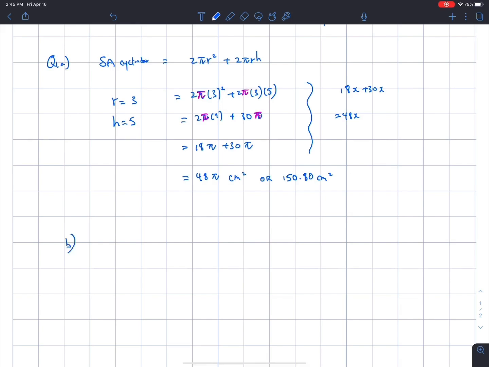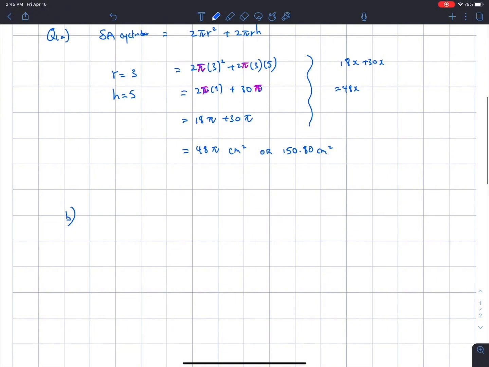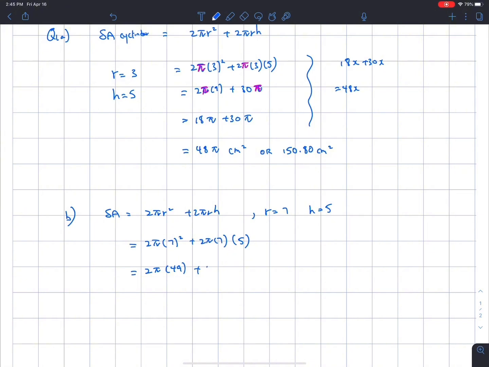1a, and then question B. Same idea, surface area is 2 pi r squared plus 2 pi rh. We were told that radius is 7, height is 5. So I would just plug those numbers in. The radius is 7. Radius is 7 again, and the height is 5. So we get 2 pi times 7 squared is 49. And then I can do 2 times 5 is 10. 10 times 7 is 70.